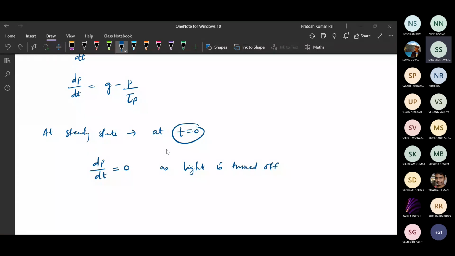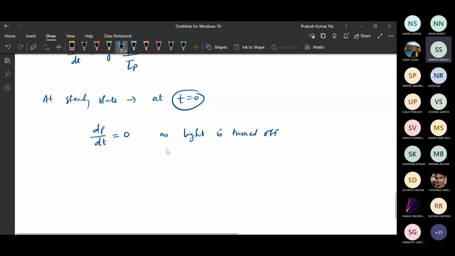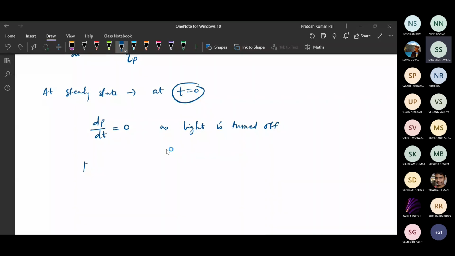So at t equals 0, the light has been turned off, so there will not be an increase in hole concentration. At that time the rate of change of hole concentration with respect to time will be 0. So if this is the case, then whatever the hole concentration is there will reach p naught, that is, thermal equilibrium.